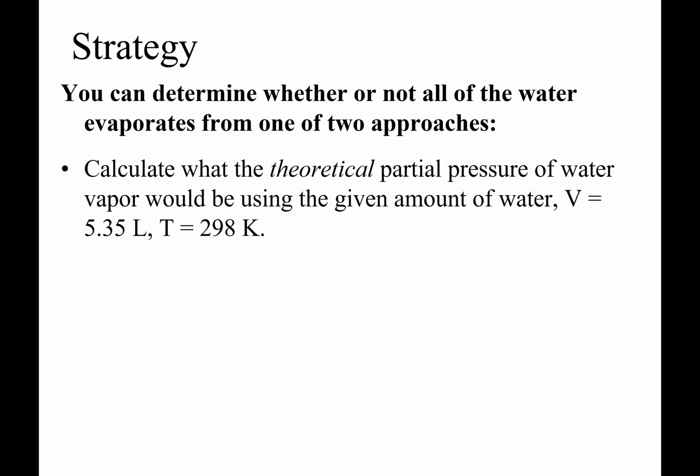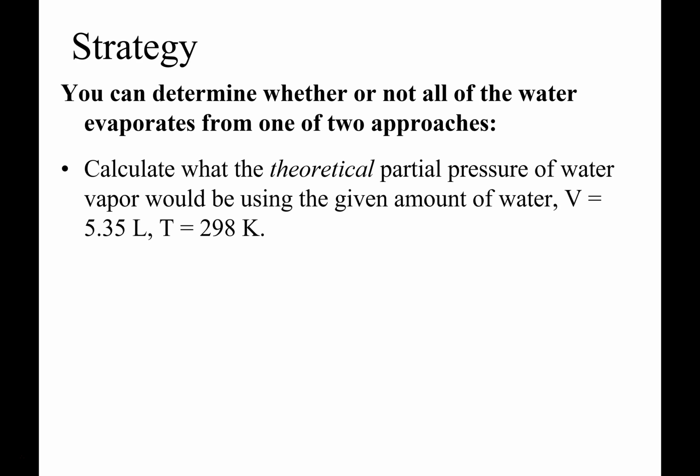So we're working these problems, and any problem like this, we can kick it out one of two ways. For instance, we could calculate, given that volume and that temperature, we use P equals nRT and come up with n, and say, well, I know how much water vapor could be held.